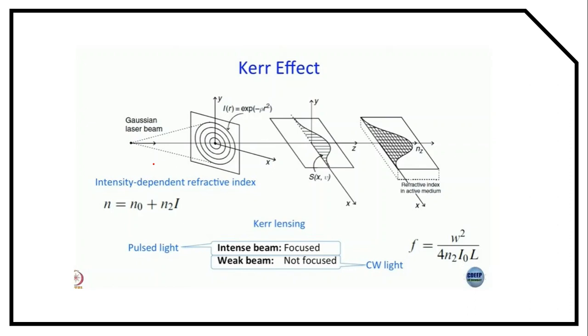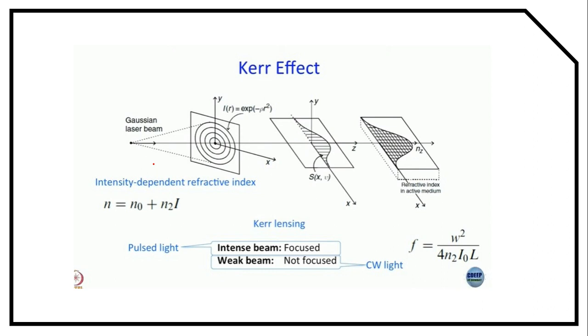First of all, what does this Kerr effect say? The Kerr effect says that if the laser beam passes through a medium which has a particular refractive index, then the refractive index of that particular light beam will change.